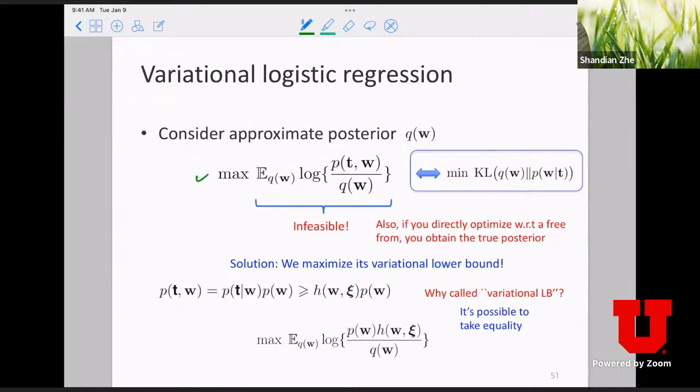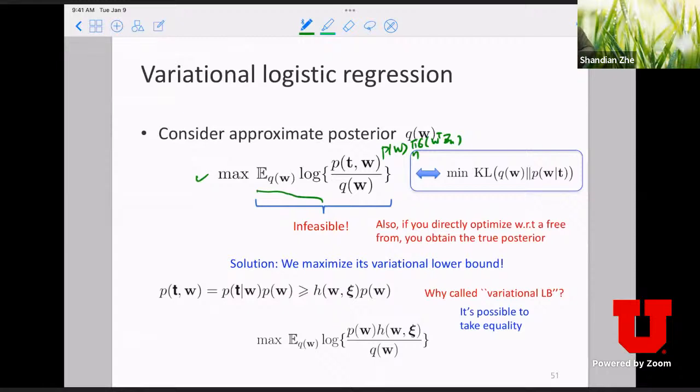We know that in this case, for variational logistic regression, if you want to maximize this expected log fraction, which is a lower bound of the true model evidence, it is infeasible because the joint distribution is P of w times a bunch of sigmoid likelihoods.